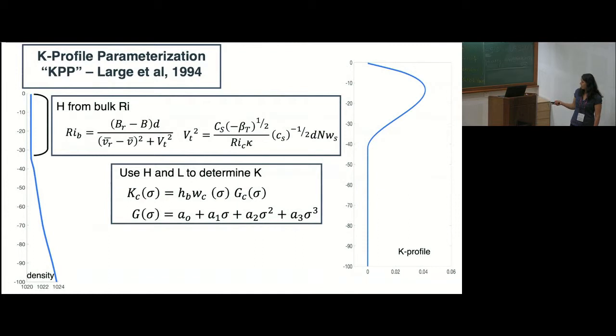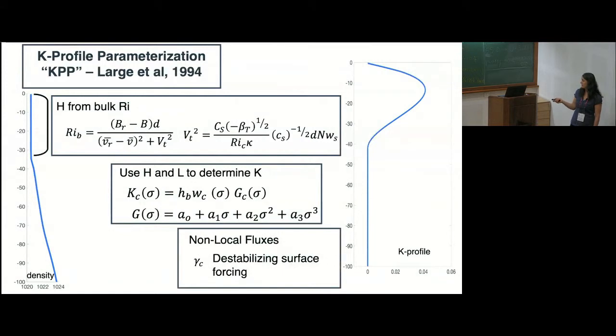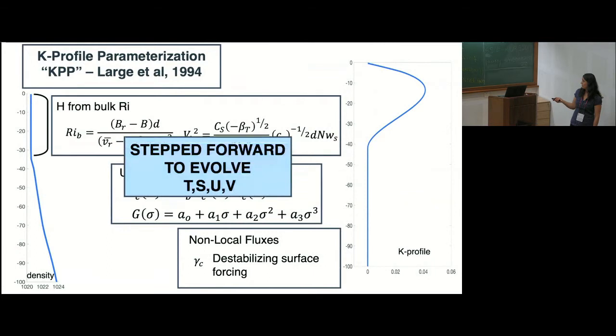And then now we have this kappa, and then we decide what the non-local fluxes are, and then we can use this in order to step forward our equation and evolve it in time. So that's KPP in a nutshell. And like I said, it's bulk, so it's very numerically efficient and very friendly for large models.